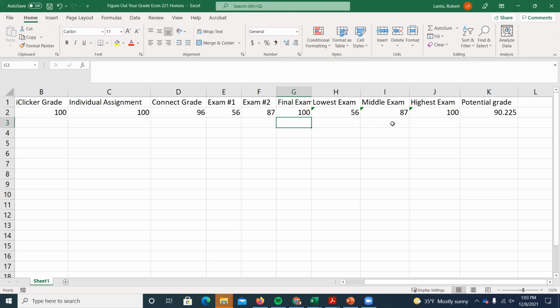Then 83 pushes you up to a B. 83 all the way up to 86.999, just below 87, that would be a B, and then 87 or higher is a B plus. The same fits for A's as well. So you're looking at that 3 and that 7 as the cutoff for whatever the next grade would be.